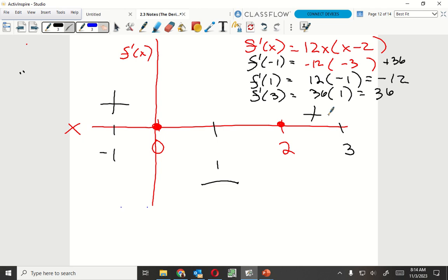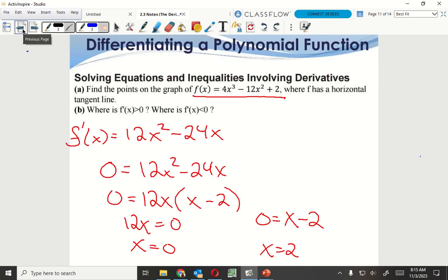So the graph of the derivative, if it's positive, negative, positive, that should be a, what's this thing called? Parabola. It is going to be a parabola. Why do I know it's a parabola? The degree of the polynomial, x squared, tells me the shape.